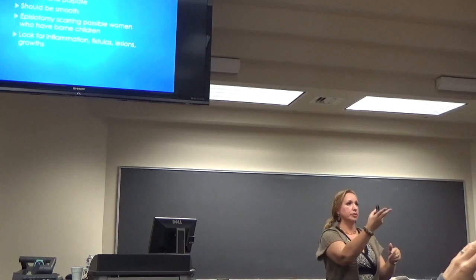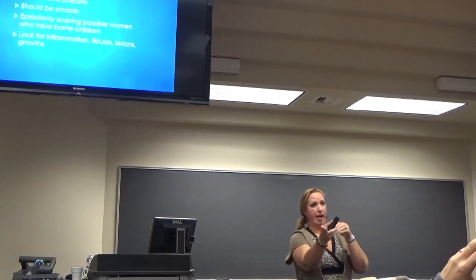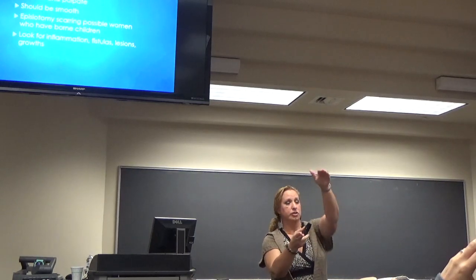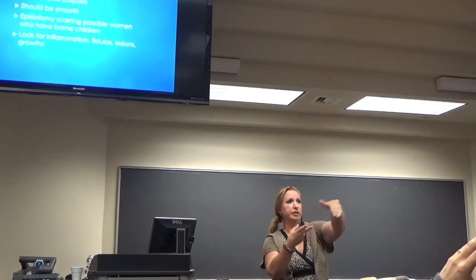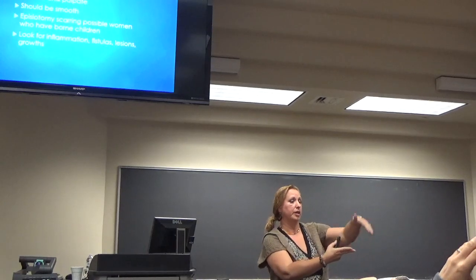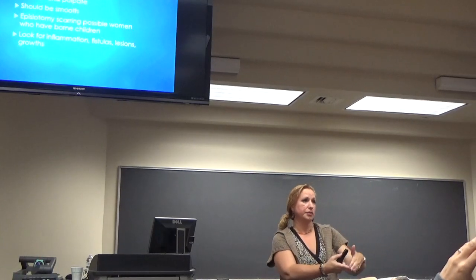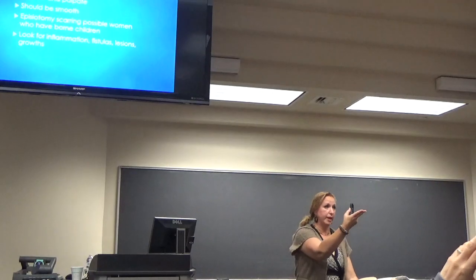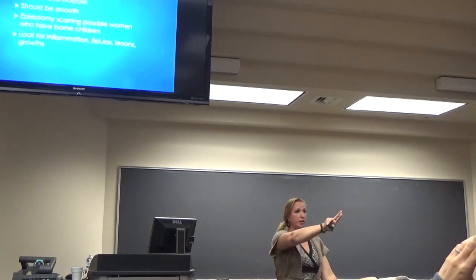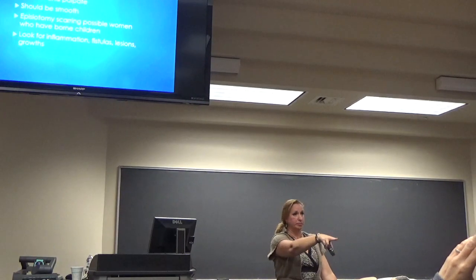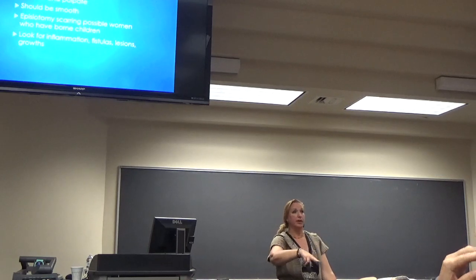Feeling that cervical motion, and then I'm going to the adnexal area, trying to pull in the ovary, and then also the size of the uterus. Then before I pull my fingers out, I'm feeling this side wall, and then I'm going down below and doing this all the way out.